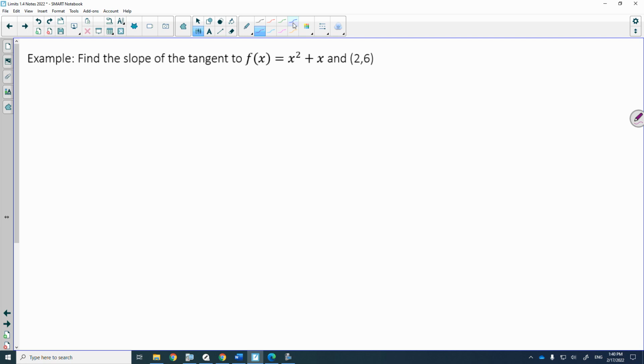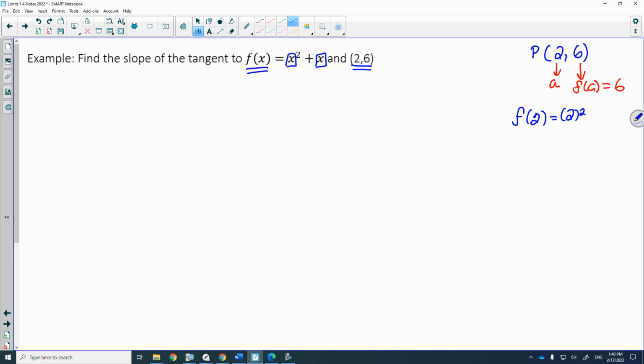So what you need to realize is a few things. For this point here, I'm just going to write it off to the side, so 2 comma 6. If this is our point P, that means that this is our A, and this would be f of A. So f of A is going to be equal to 6. How you find f of A is in this function here, if I take out the x and I put in my A value, which is 2, I'm going to take out any x in the equation, and I'm going to substitute in 2.